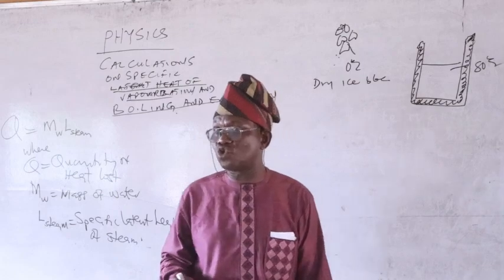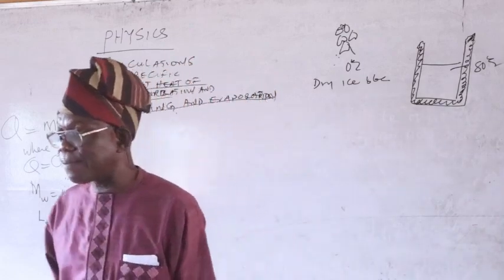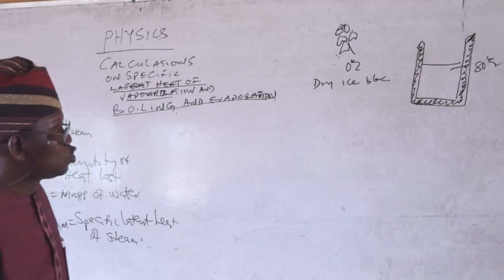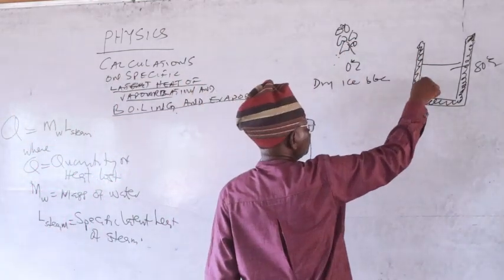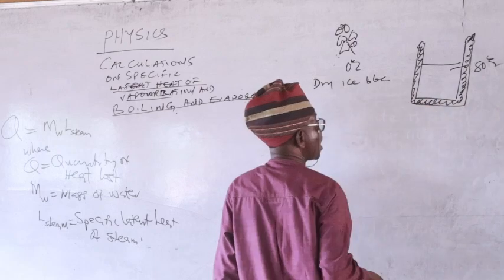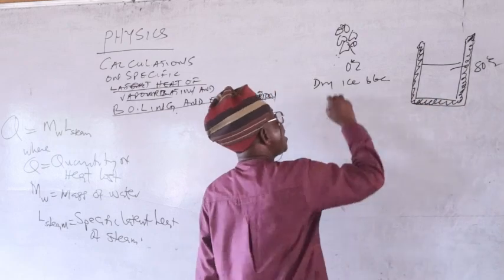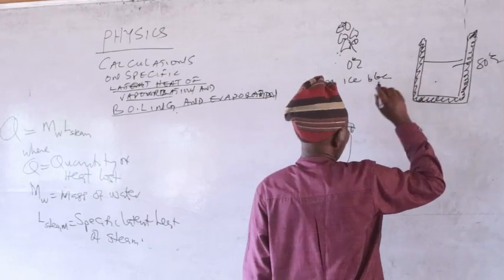So, if you drop this quantity of ice block piece by piece into this and you start, when the ice block is dropped here, I want to ask a question.